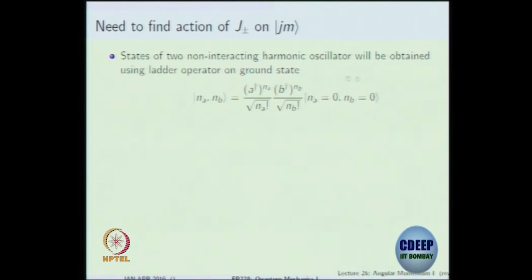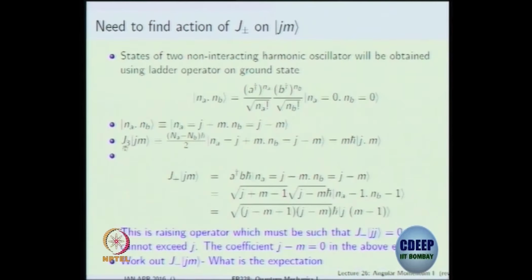So, this is an operator acting on the vacuum, which will give you any arbitrary state of two independent harmonic oscillators. That is saying verbally what this mathematical equation means. Now we are going to use the fact that Na, Nb are connected with the angular momentum, magnetic quantum number and the J quantum number as this.